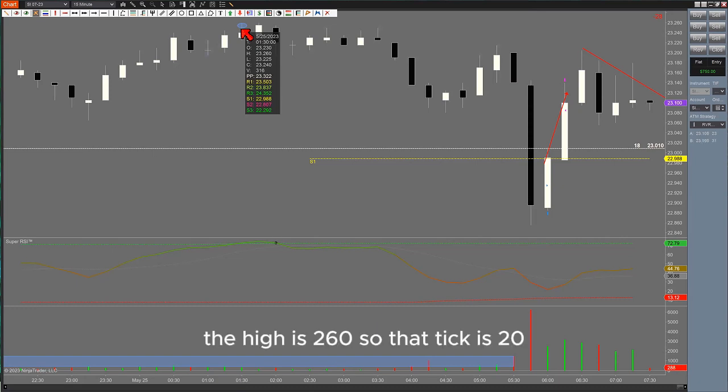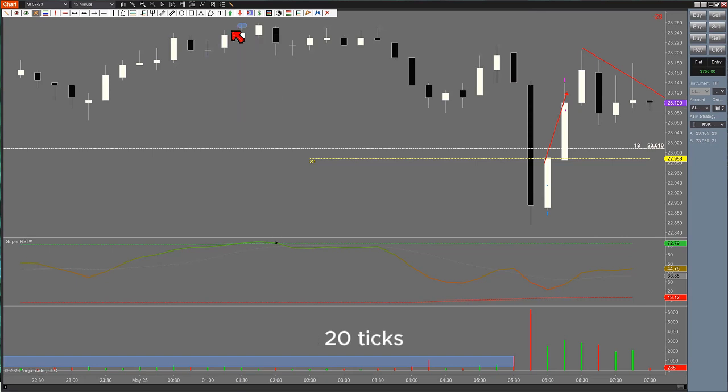The high is 260. So that's 20 points, 20 ticks. So we want to get in that. Well, wait a minute. No, silver is 25 cents. $25 a tick, $5,000 a point.